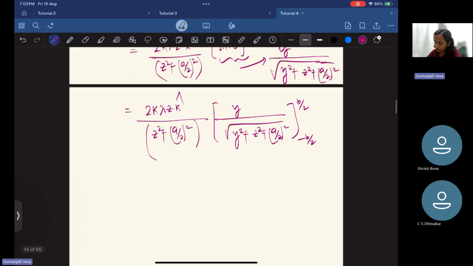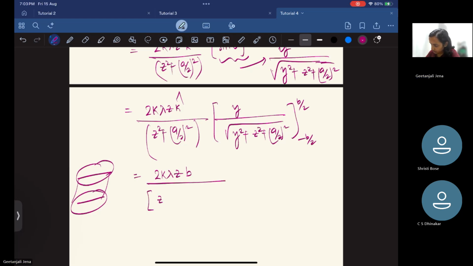Just put the limit, you will get the electric field due to this two part of this rectangular loop. This will be 2k lambda z b over z square plus a by 2 square, times square root of z square plus a by 2 square plus b by 2 square.